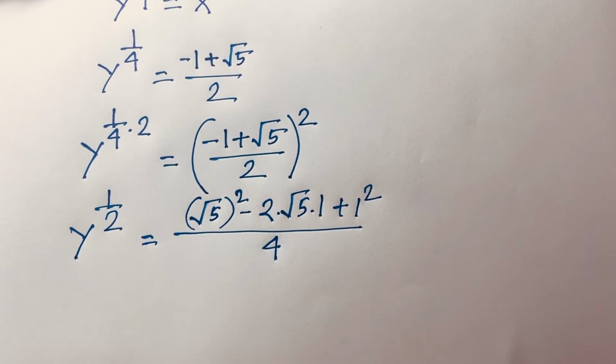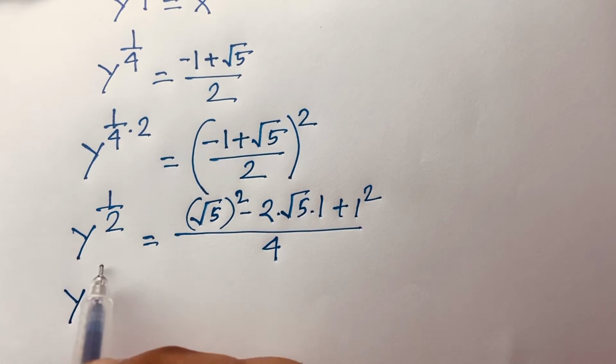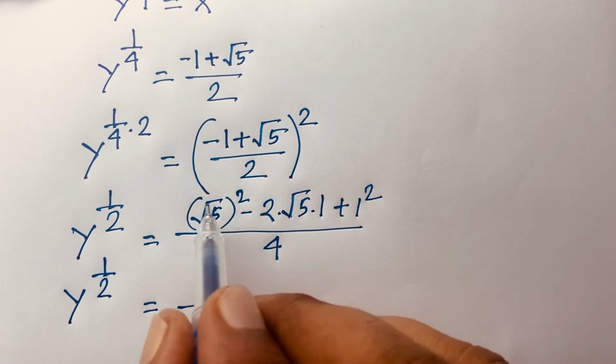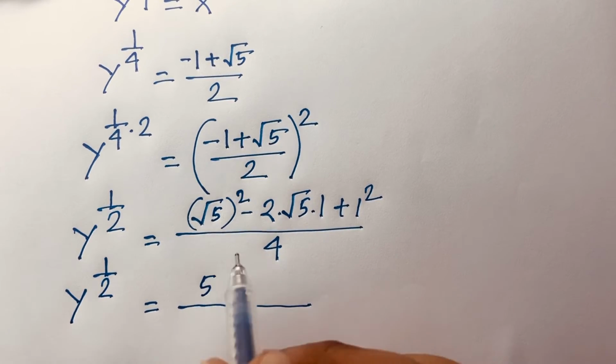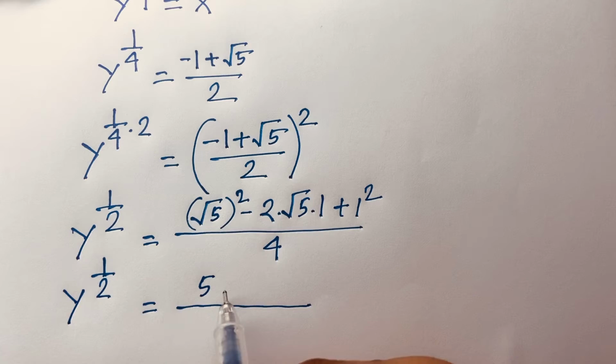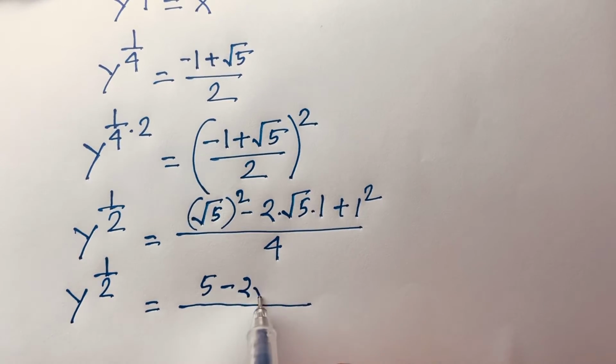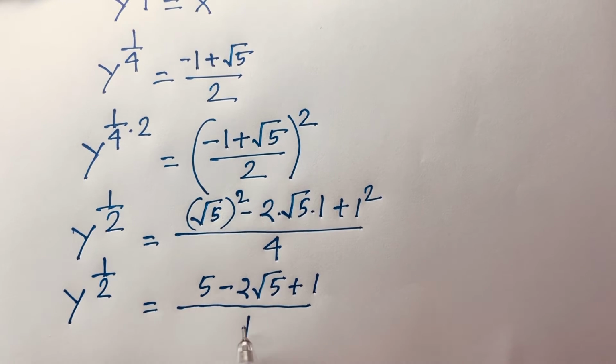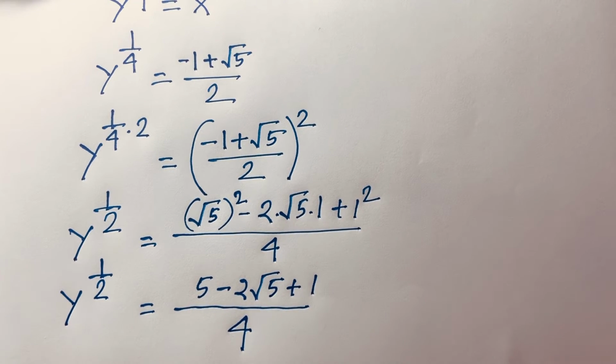So y to the power 1/2 is equal to, the square root is cancelled, it will be 5, and minus 2 square root 5, plus 1 squared, over 4. Then 5 plus 1 is 6.